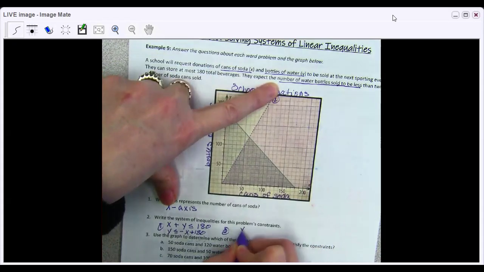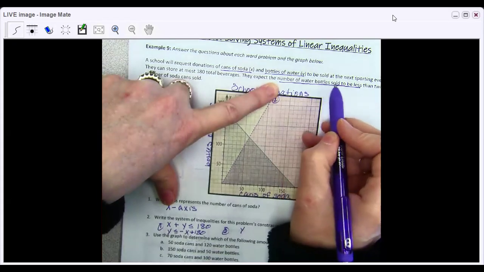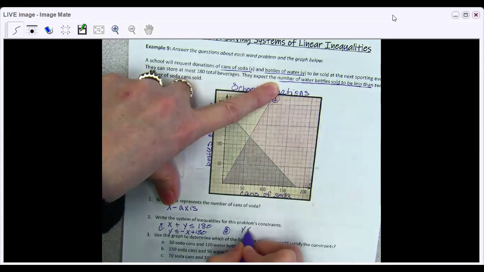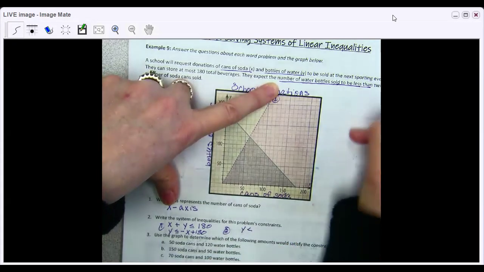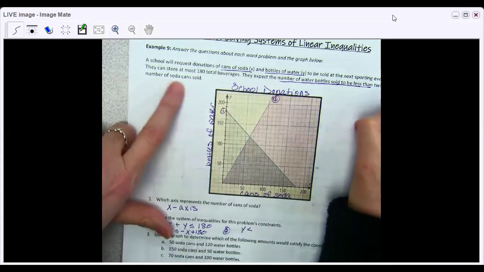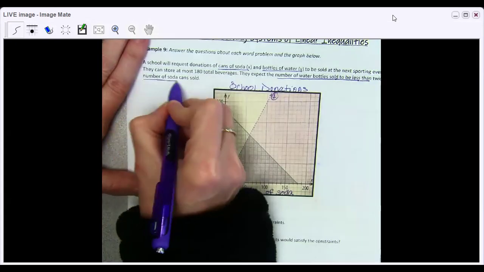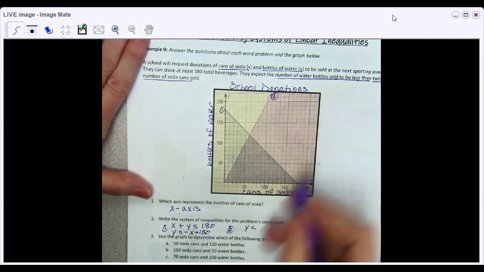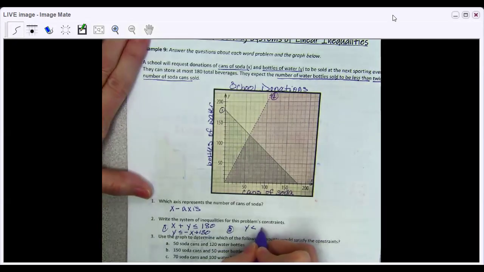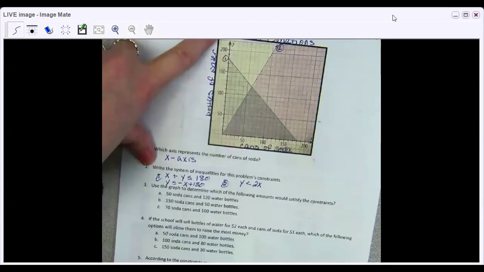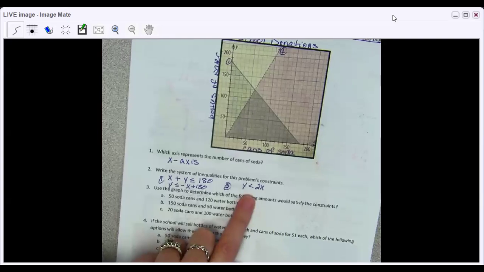Y. So Y, the bottles of water, to be less than, so we're going to do the less than symbol, twice the number of soda cans. So how would we write that? 2 times the number of soda cans, which is X. Y is less than 2X.